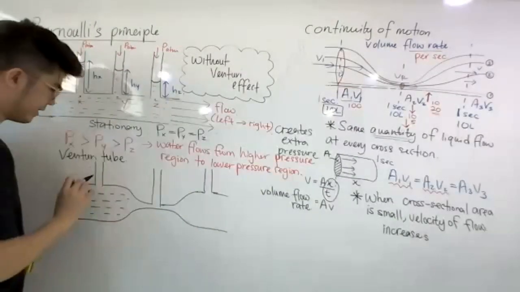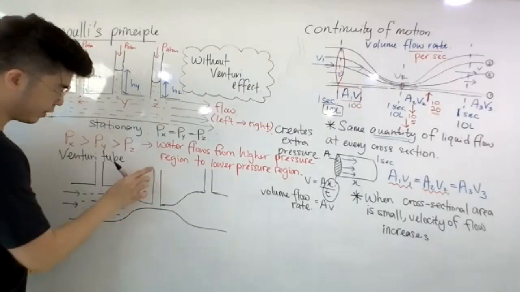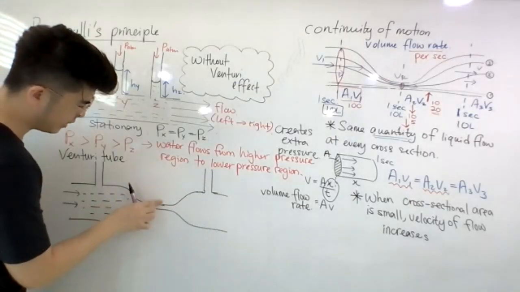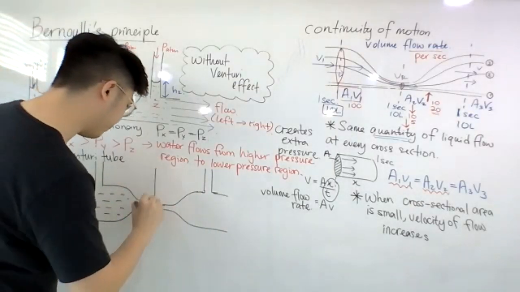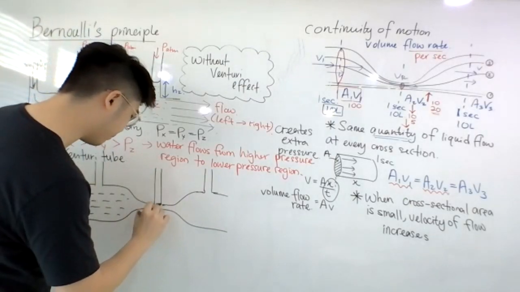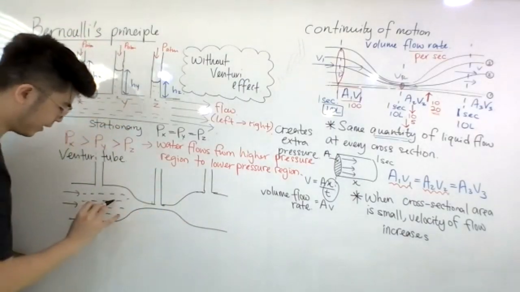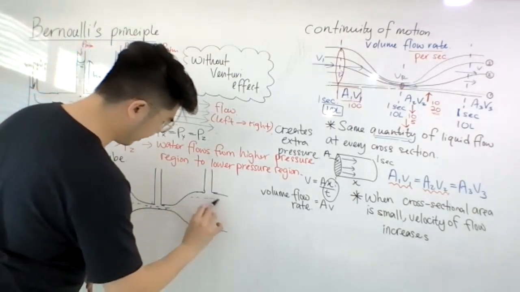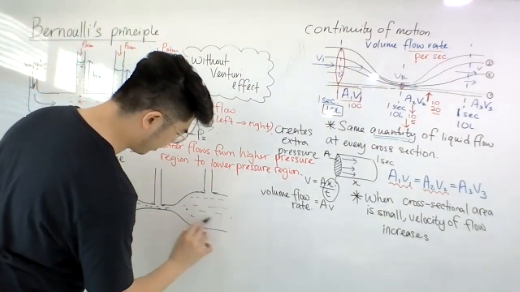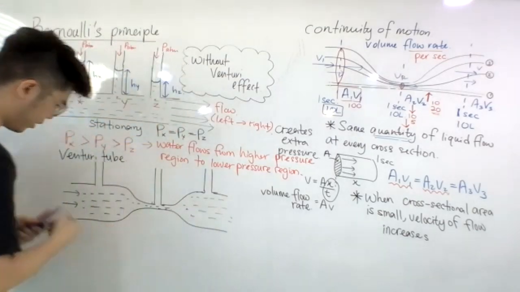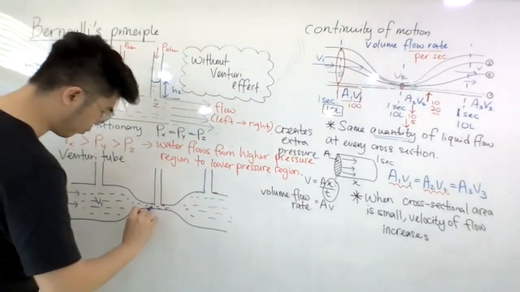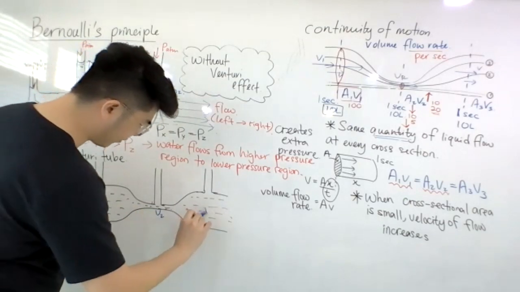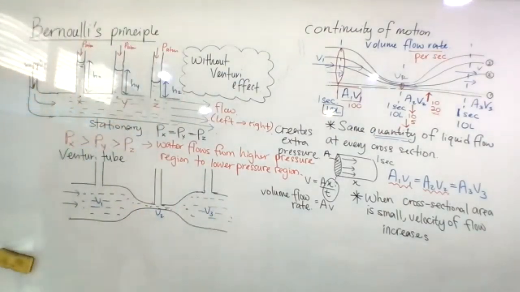And then I see when the water flows, what is the height of the water at each of the columns. Now, see, water flowing from here, water flowing here, and water flowing out. We separate this into 3 sections. So we got the water flowing here, V1, water flowing here, V2, water flowing here, V3.